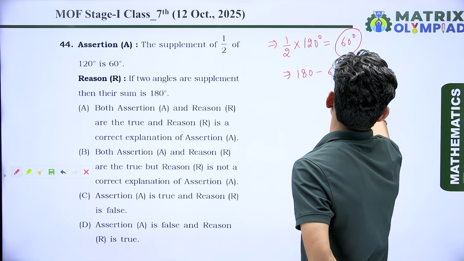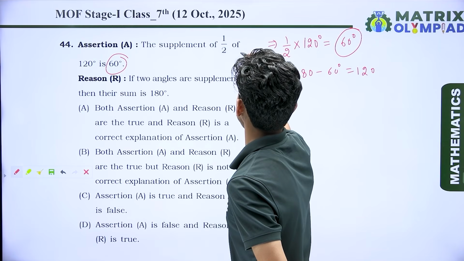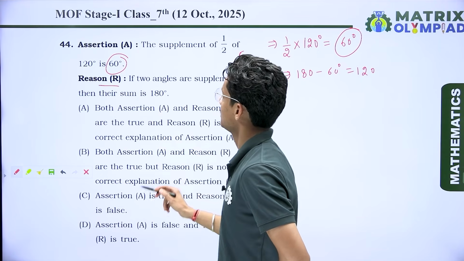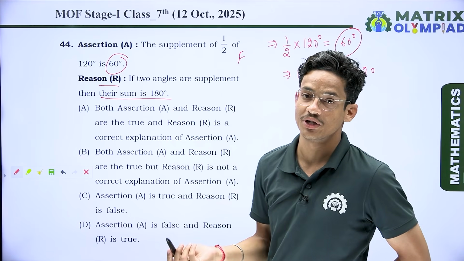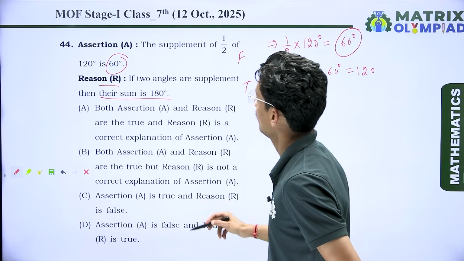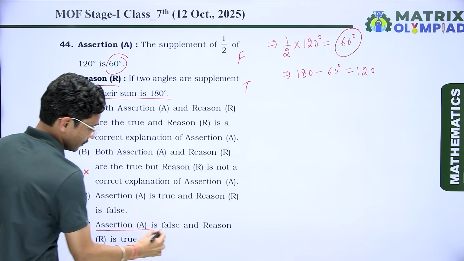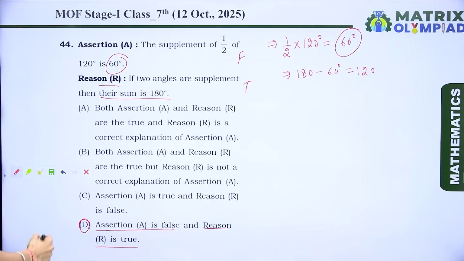It means 120. But here we have been given 60 degrees. It means this assertion is false. And if I talk about the reason: if two angles are supplementary, then their sum is 180 degrees. Yes, this one is true. So here assertion is false and the reason is true. It means option number D is the correct answer over here.